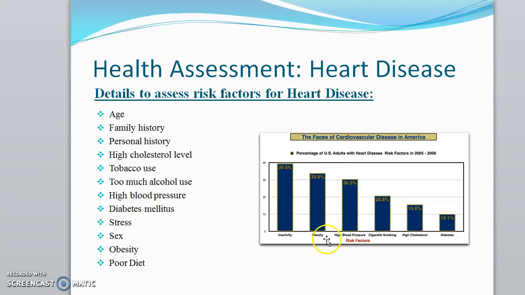Obesity is the second highest, and the lowest is diabetes, but nonetheless it is significant. The rest of the risk factors are on the left side of the screen: stress, diabetes, sex, obesity, and poor diet.